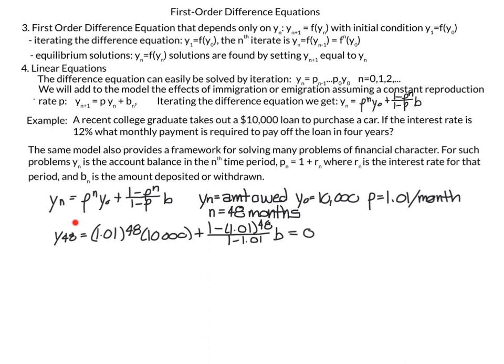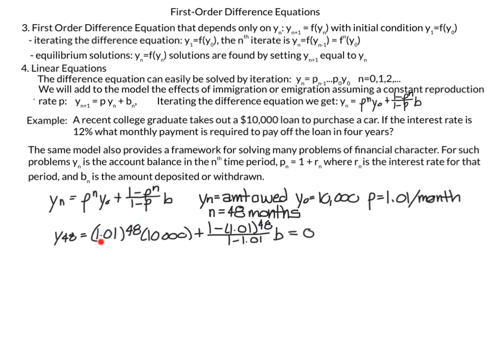And here we have our equation, y of 48. We want to pay this off after 48 months. After 48 months, we want to have 0 left in the amount owed. While we're waiting to pay it off, the amount that we borrowed is accumulating interest at the rate of 1.01 to the 48. Again, the 1.01 comes from the 12% annual, which is 1% monthly.